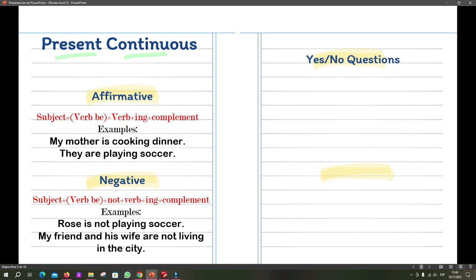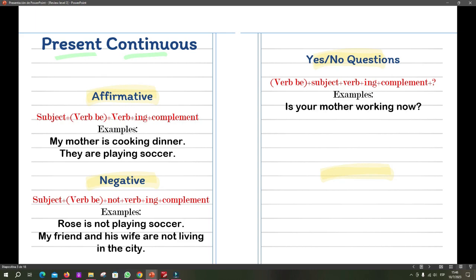Then yes/no questions. Also we can have yes/no questions with the present continuous. So first of all, you're going to have the verb be, then the subject, the main verb with ing, the complement. Don't forget the question mark at the end. So, is your mom working now? That's a yes/no question, right?